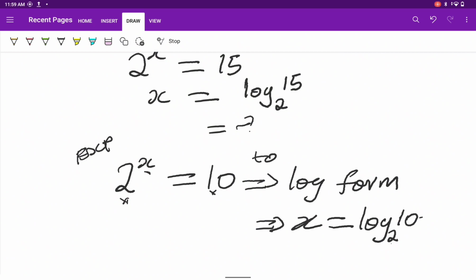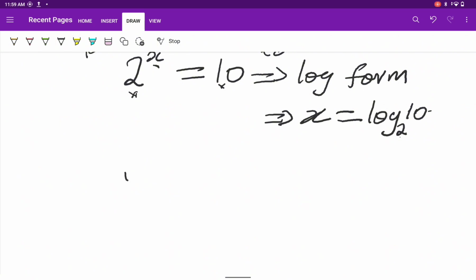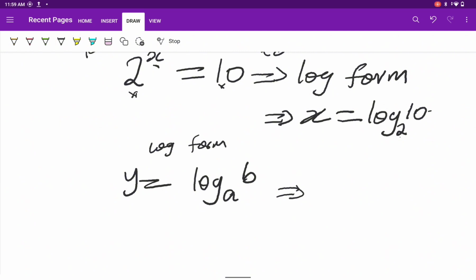And we can even do it vice versa. We can move from log form, for example, if we have y equals log of b base a, to exponential form.